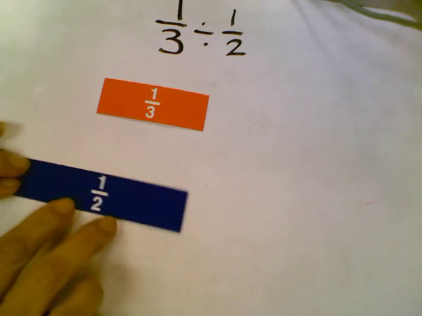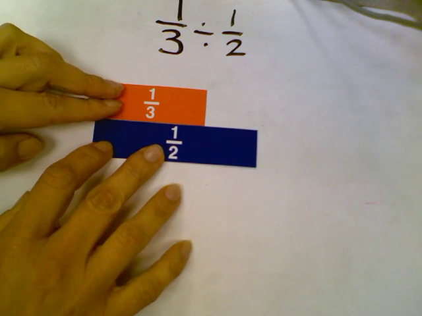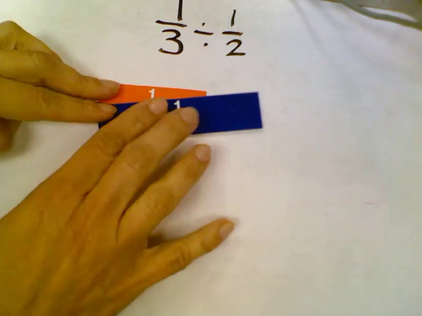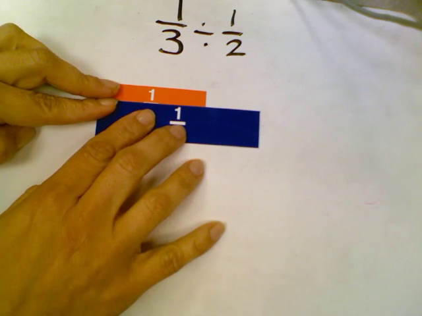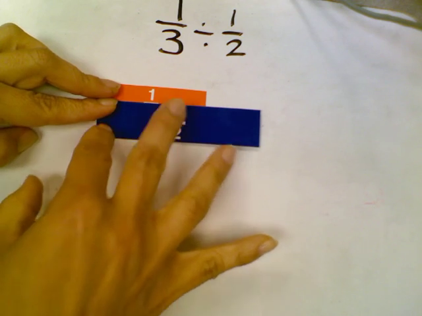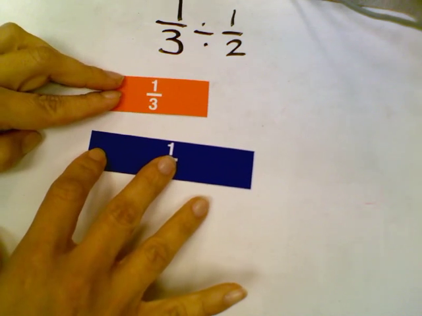And when we started playing around with the fraction bars, you notice, or you started seeing, that a half wouldn't fit into a third. Or at least you thought that only a part of it was. So our job is to find out how much of the half fits into the third.